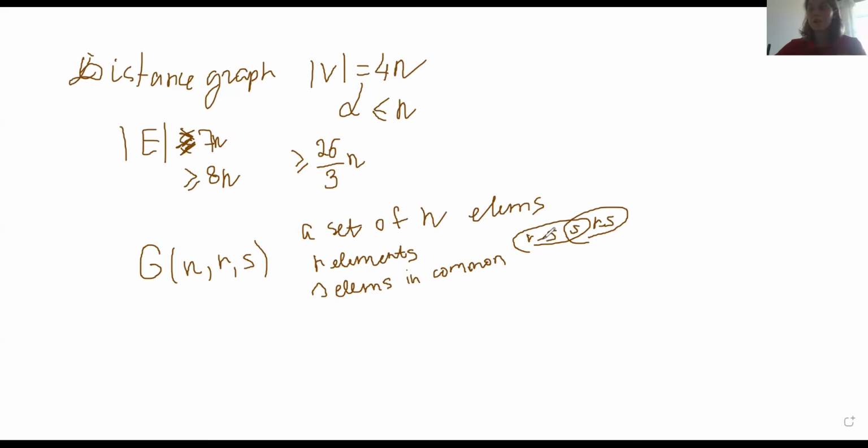R minus S elements here in another subset. And about these graphs, we thought about its subgraphs with Wn vertices, and we had different estimations on Wn, and according to these estimations, we had different estimations of how many edges this graph might contain, at least how many.